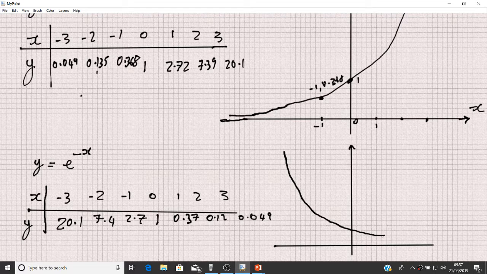Again, asymptote to the x-axis, so approaching positive infinity, but never quite getting there. We've x, we've y, and I'll just mark in the y-intercept. So that is a reasonable sketch of the e to the minus x.